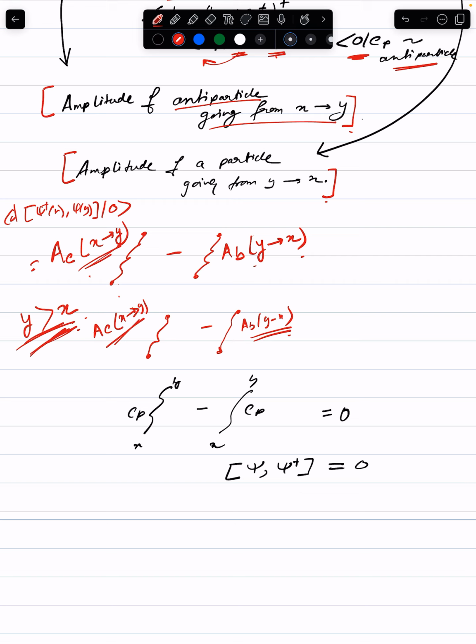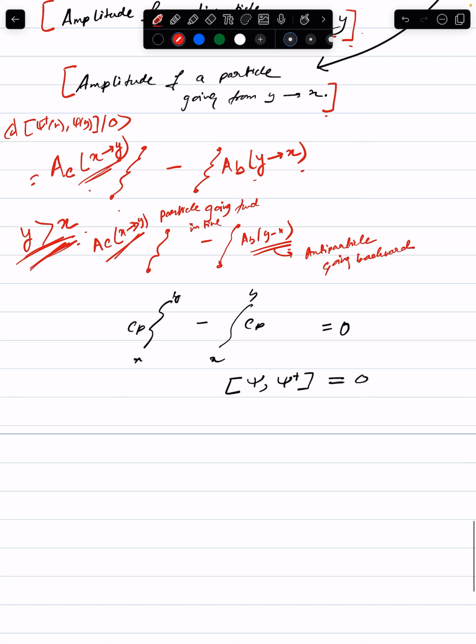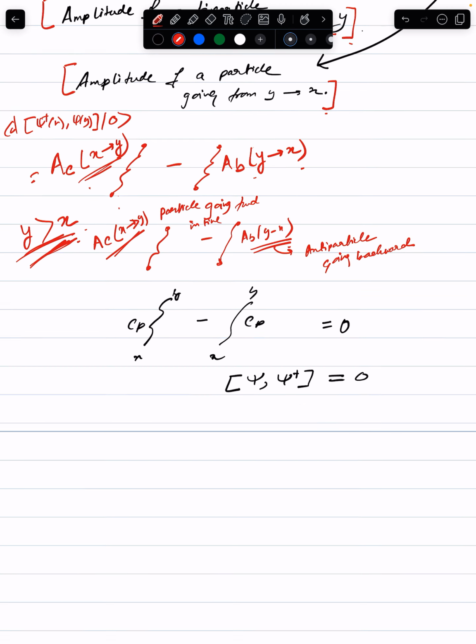So if the person wants to interpret these quantities, they will say this is the amplitude for a particle going forward in time and this is the amplitude for the antiparticle going backward in time. Now we remember what we saw happens under time reversal, which is that the particle becomes an antiparticle under time reversal.